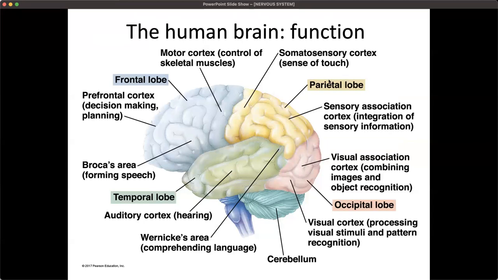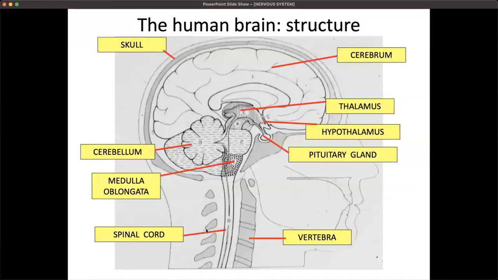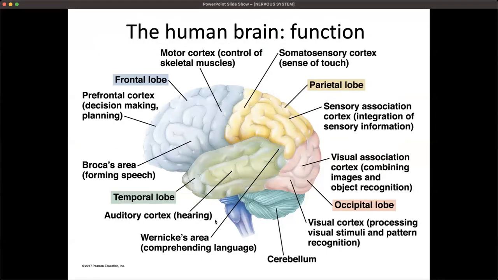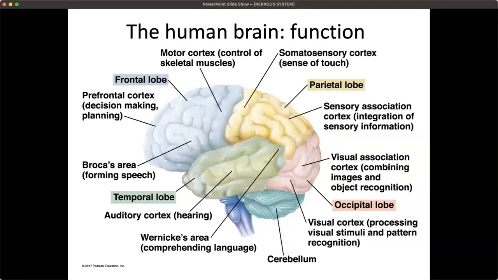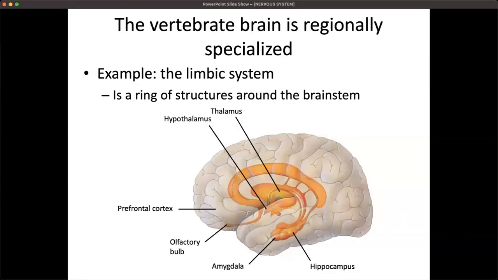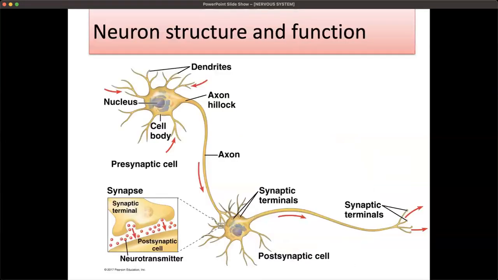The parietal lobe is more on the sensory association cortex. Then we have the visual association cortex in the occipital lobe, and the temporal lobe as well. This is a more detailed explanation of the human brain.